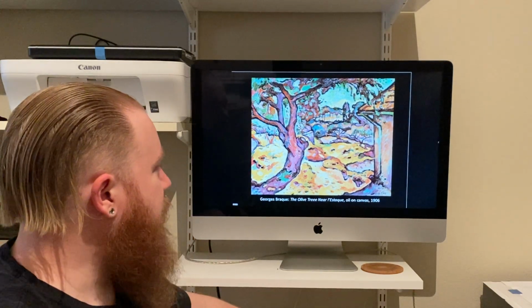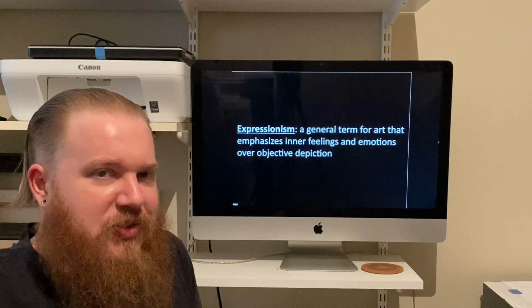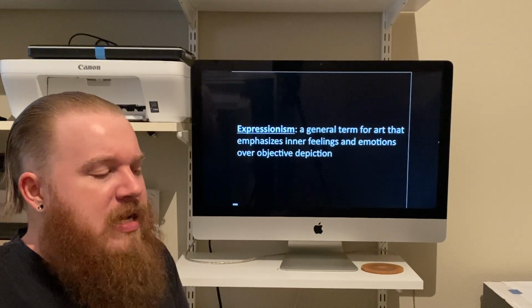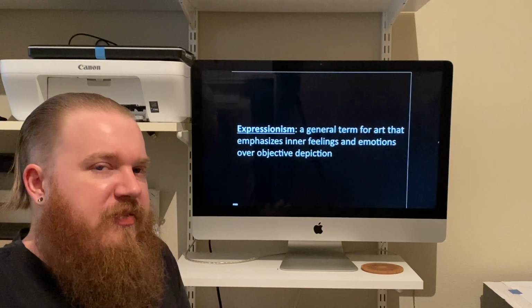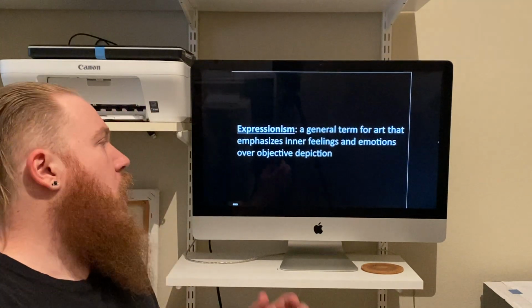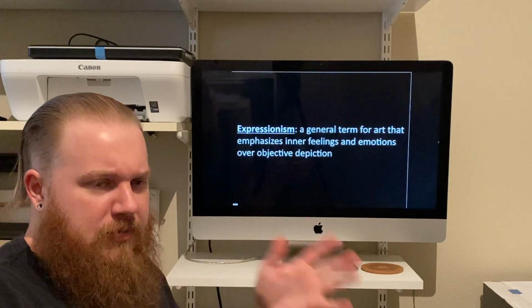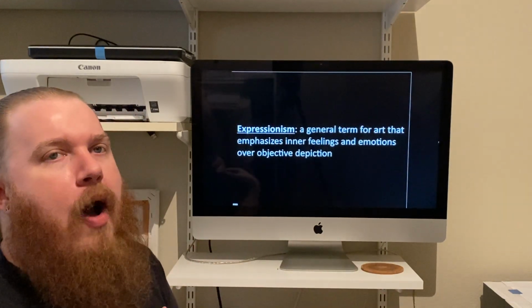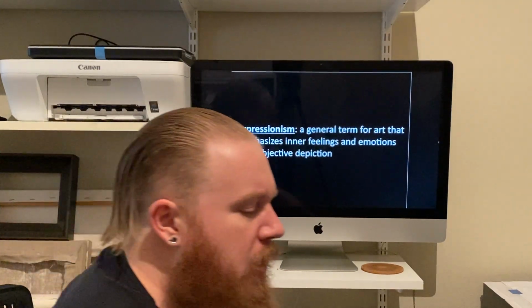Now, out of Fauvism, we also have a movement that's born known as Expressionism. And Expressionism is a general term for art that emphasizes inner feelings and emotions over objective depiction. So instead of looking at, say, a scene and drawing it literally, we're going to be looking more at how we feel about a scene versus how the scene looks.